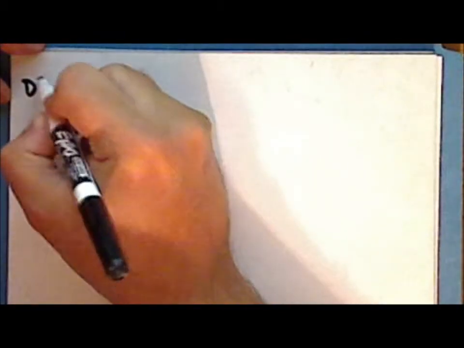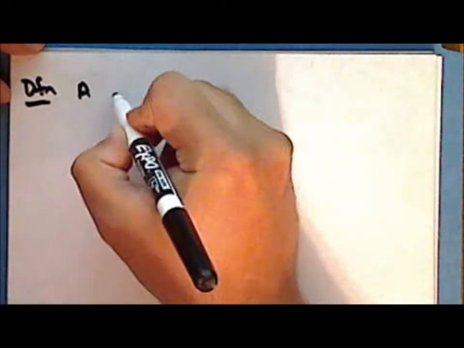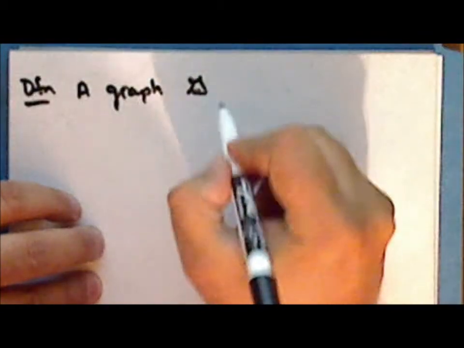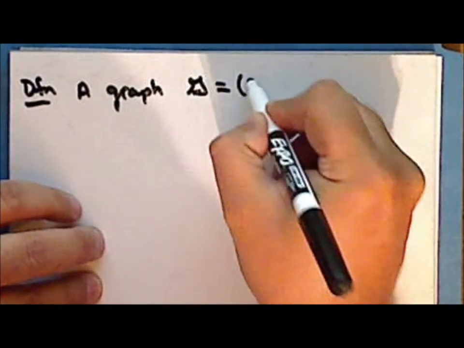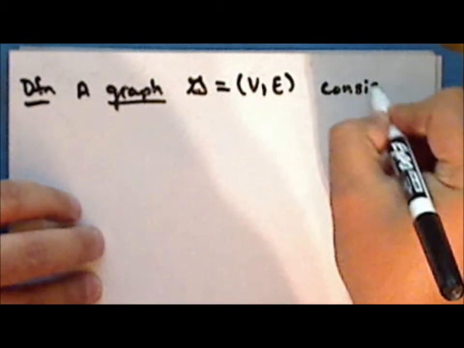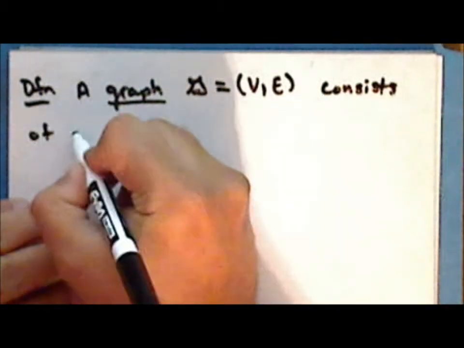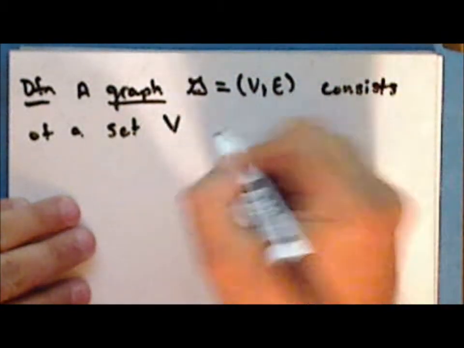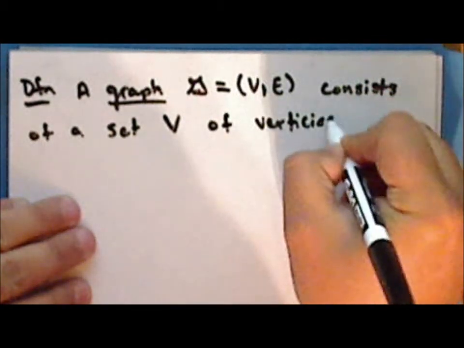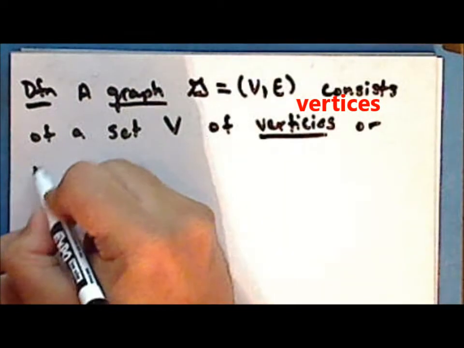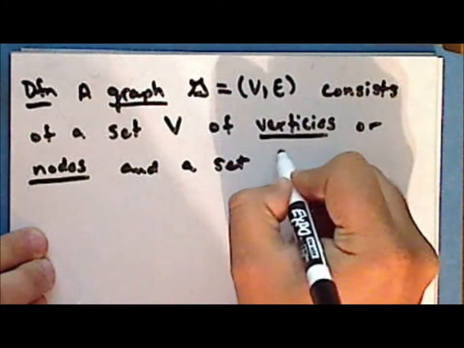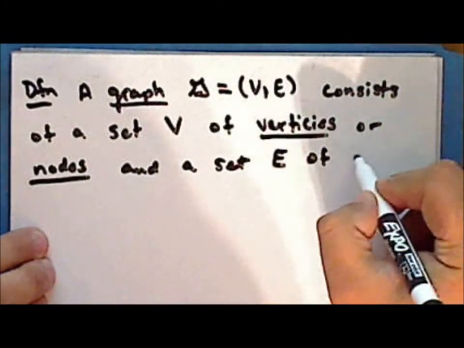Okay, new definition. A graph, and I'll use a cursive letter G, consists of a set V of elements called vertices or nodes, and a set E of elements called edges.